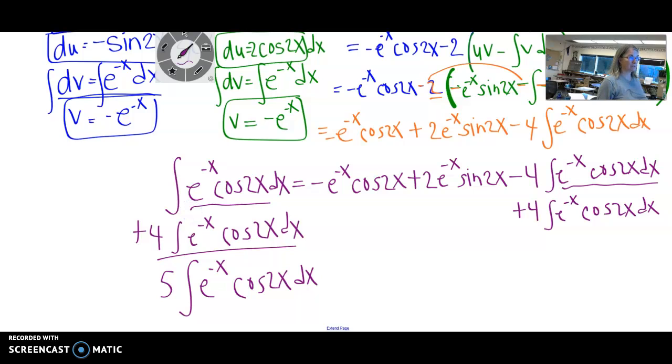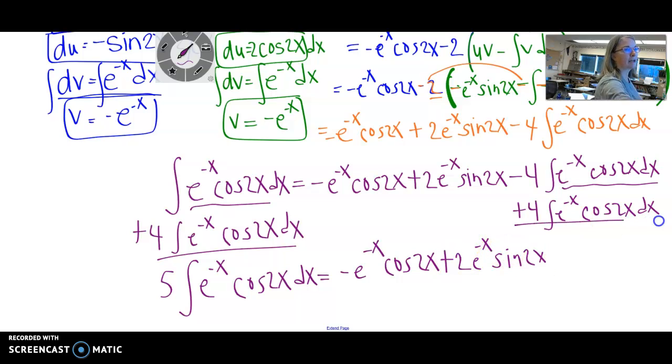So we have 5 of those on one side, and that's equal to -e to the -x cosine of 2x plus 2e to the -x sine of 2x. And then this part adds to 0, so we could put plus 0, we don't need to. And so what we were trying to solve for is this piece right here.